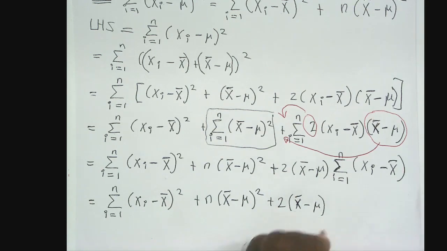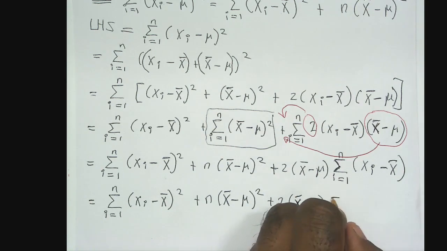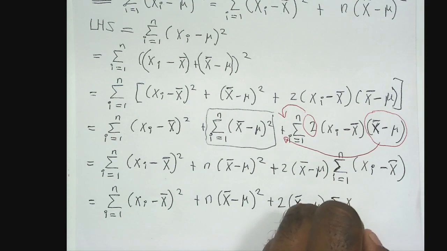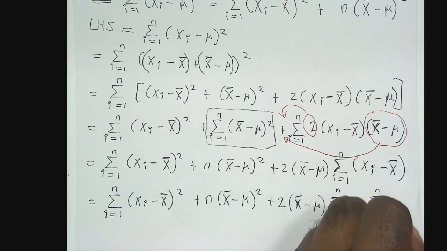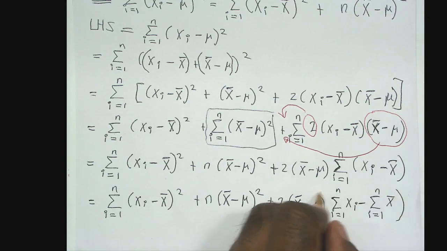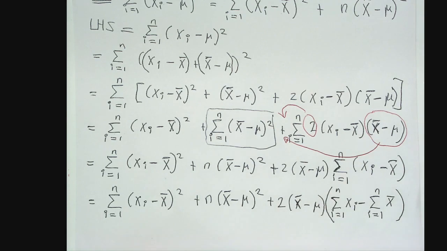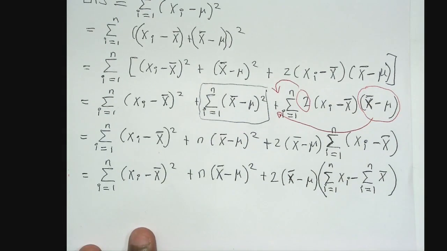So I'm going to take the sum inside, so it will become the sum of xi, i from 1 to n, minus the sum of x bar, i from 1 to n. You with me? All right. This is the last step.